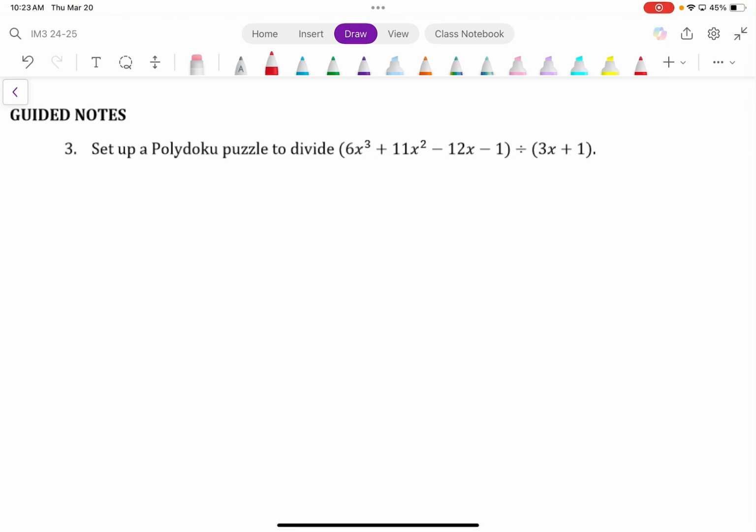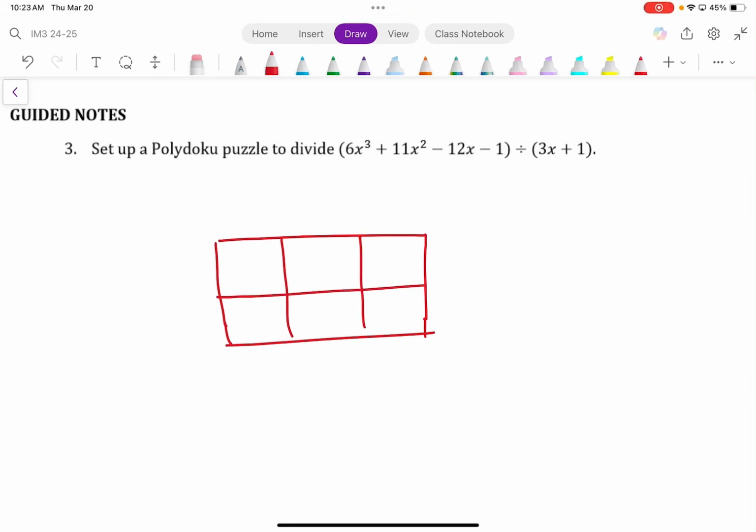We're dividing by 3x plus 1. 3x is one term, plus 1 is your second term. That's 2 terms. So your area model will look like this. It's a 3 by 2, 3 columns, 2 rows.